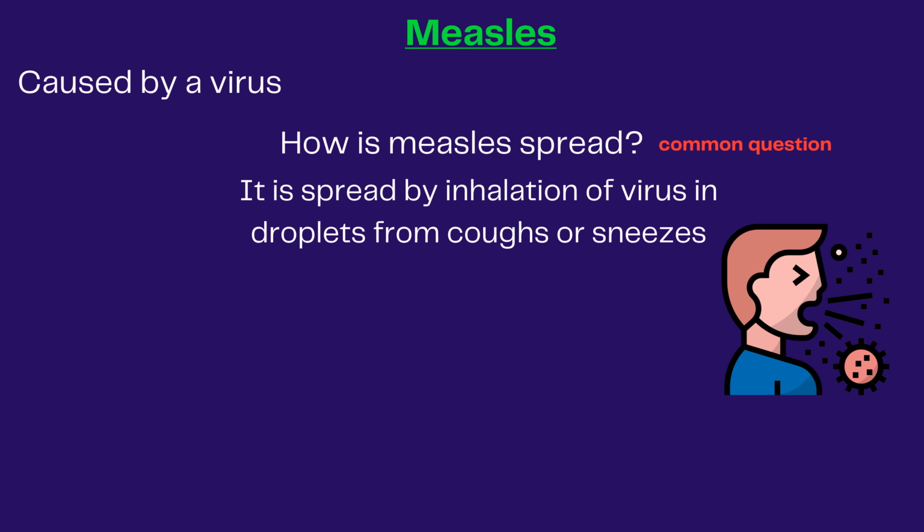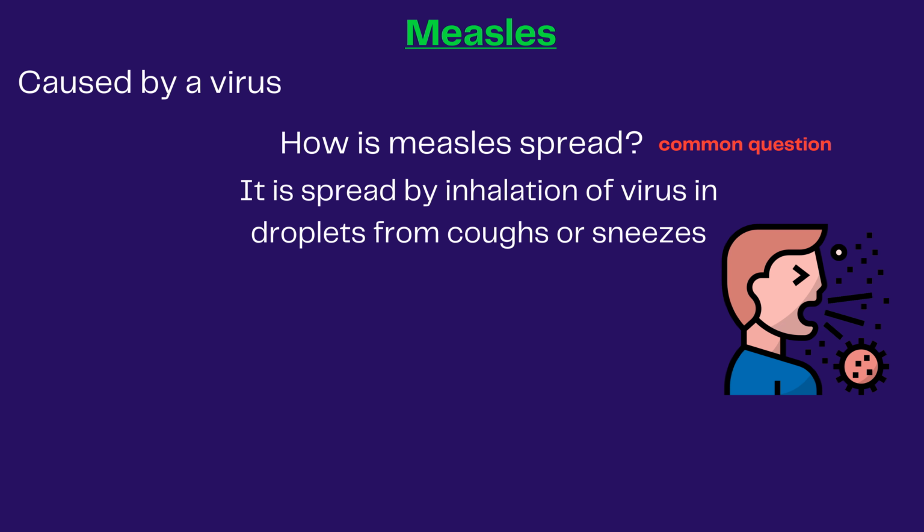So if someone is infected with measles and they cough or sneeze without covering, usually droplets are released from their nose or from their mouth, and the virus will be found in this droplet. If someone who is not infected now goes on to inhale these droplets with the virus, that is how they become infected with the measles virus.